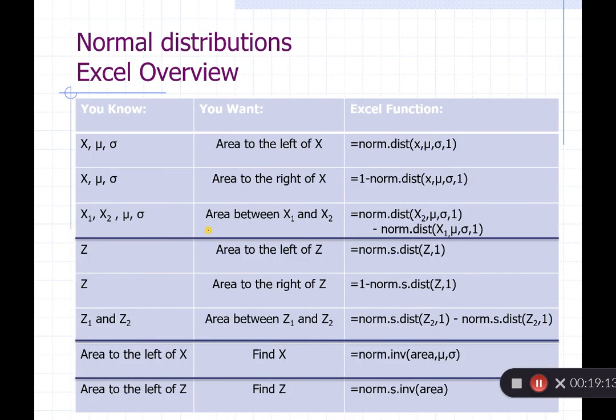All right, so last slide, I believe. Yeah, last slide. Here's an overview for reference of the 4. I have it broken up into 4 sections: 1, 2, 3, and 4.